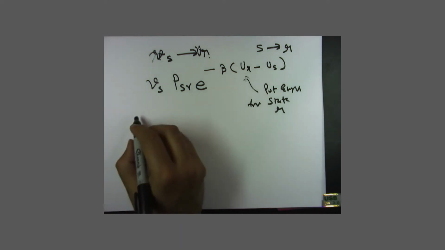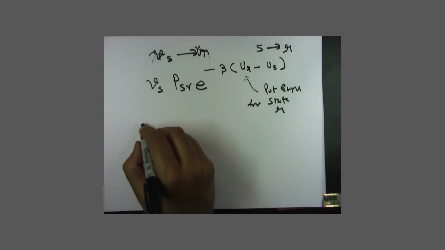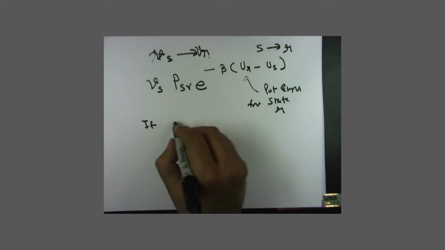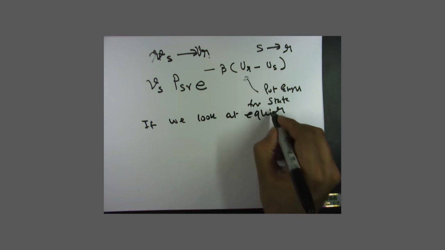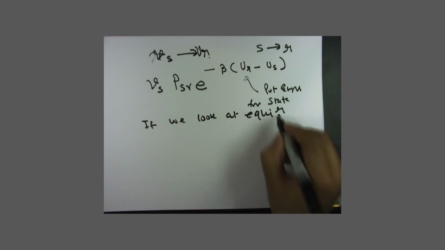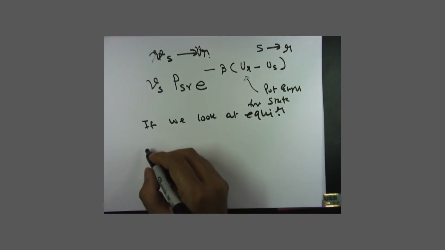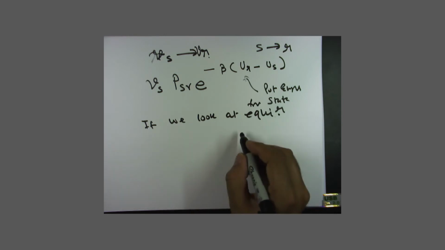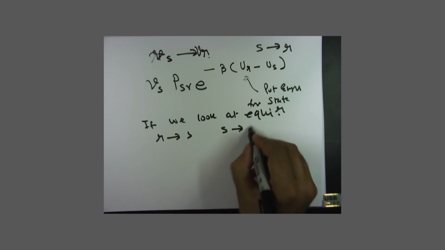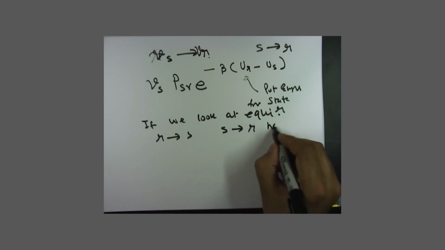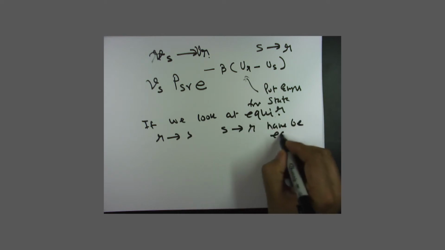If we look at equilibrium, then what we need is that both transitional probabilities, from R to S and S to R, have to be equal.